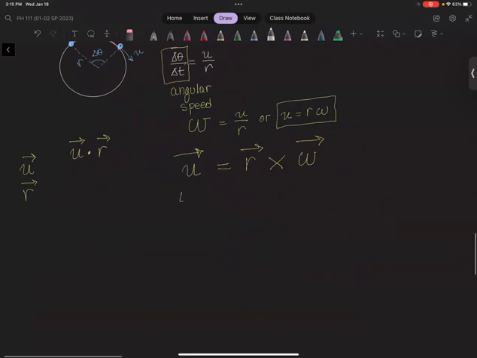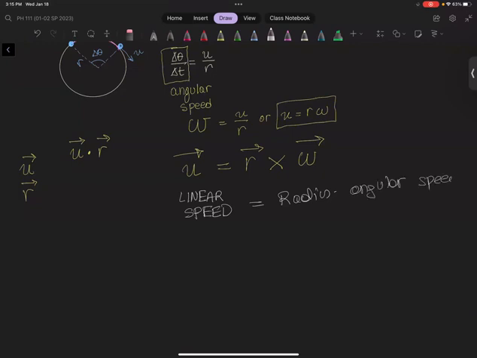All right, guys. For now, we keep it on the back burner, but this we need to write over and over again: the linear speed, or velocity, equals the radius times the angular speed.